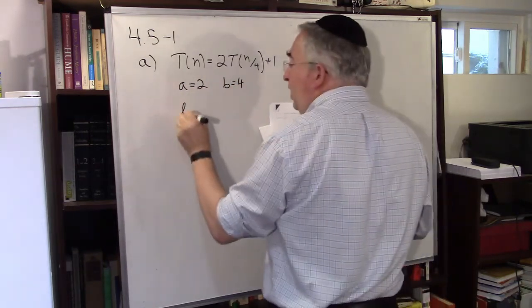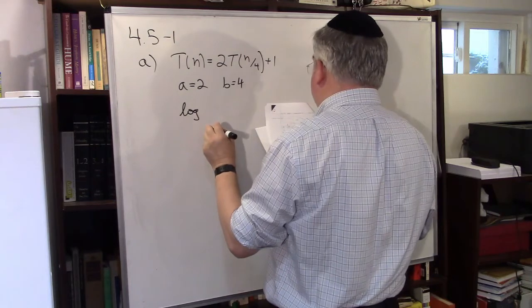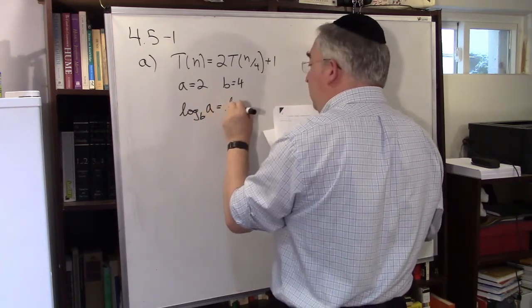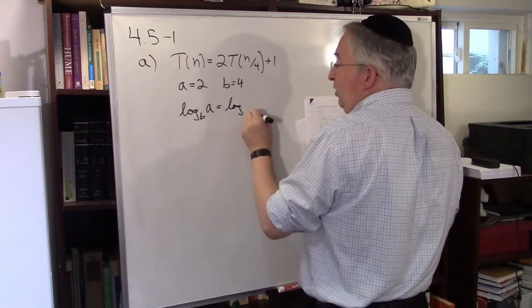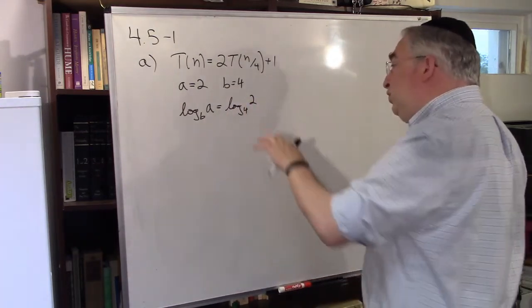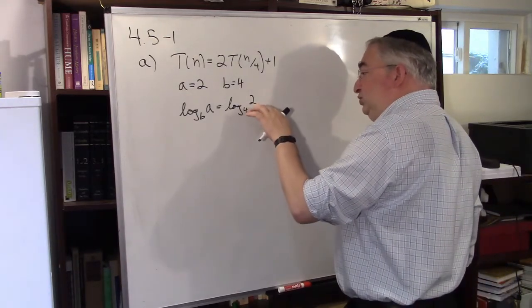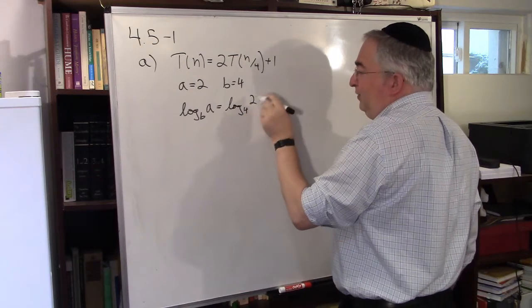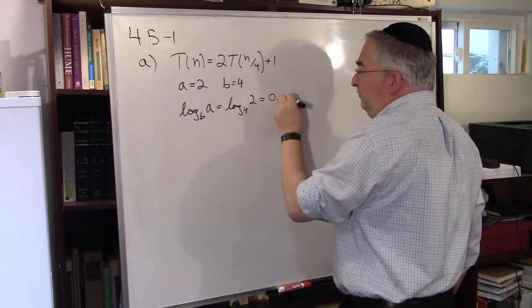Okay, log base B of A is equal to log base 4 of 2. How much do you have to raise 4 to in order to get 2? And the answer is, if we raise it to the half, so this is 0.5.